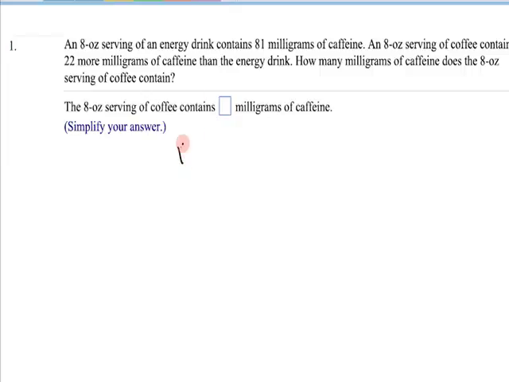So I'm going to make myself an initial note. X represents the caffeine in the coffee. The problem talks about 8-ounce servings, so that's just letting me know it's for the same amount of drink.